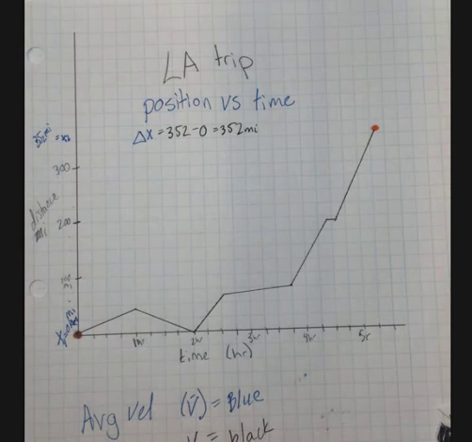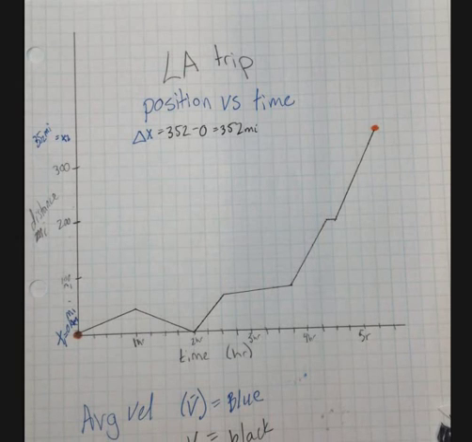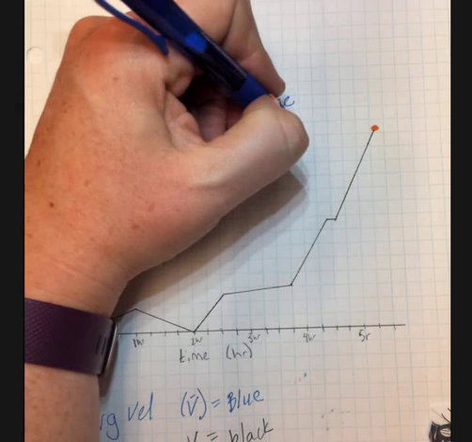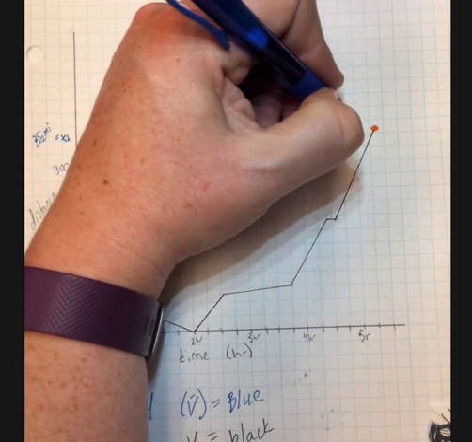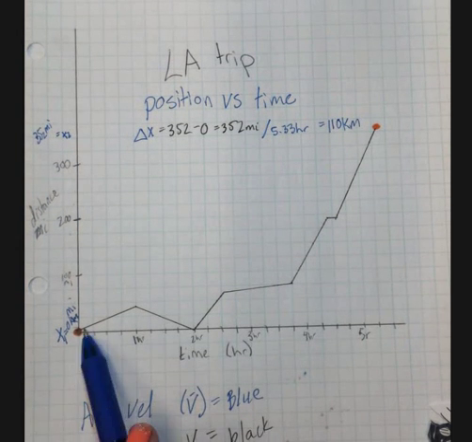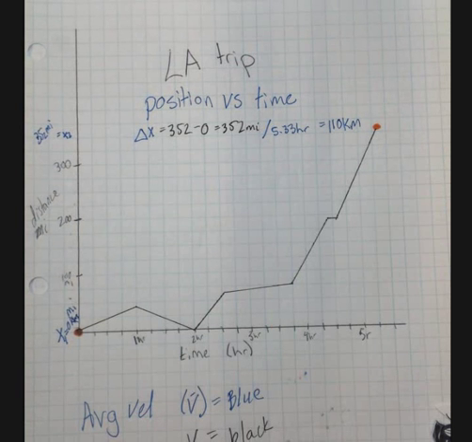All right, so for your whole trip, your average velocity is going to be that 352 miles divided by that 5.33 hours, to give you about 66 miles per hour. All right, that's the final position minus the initial position divided by the total elapsed time.